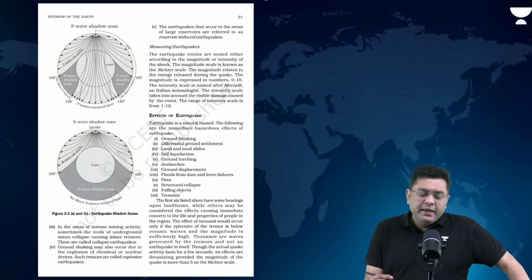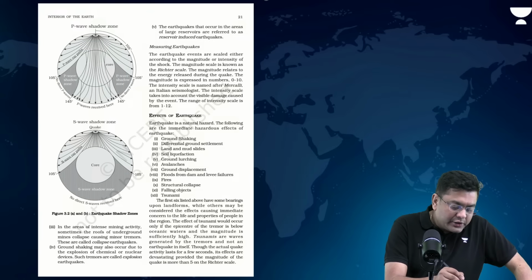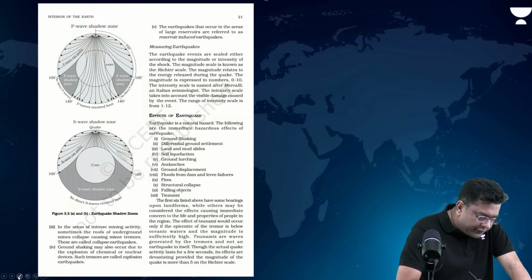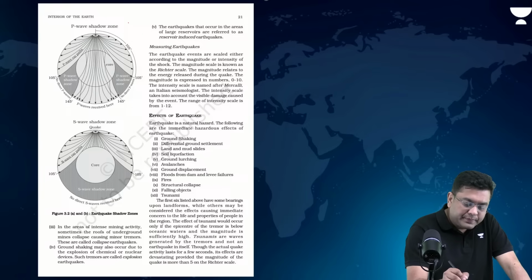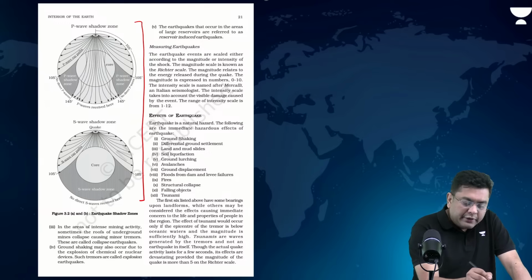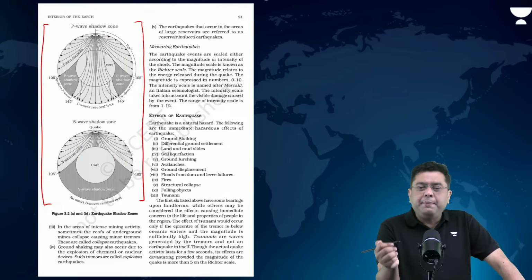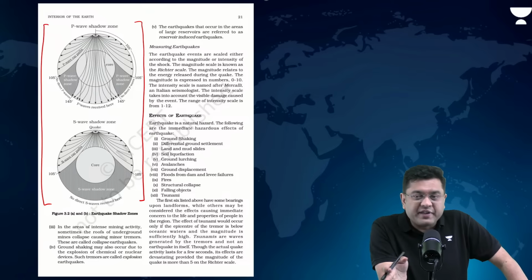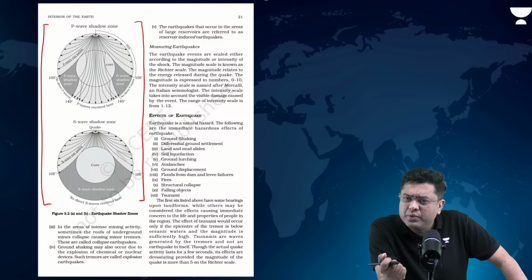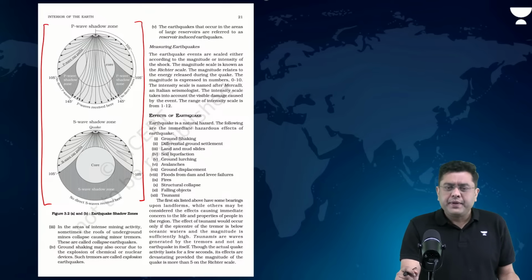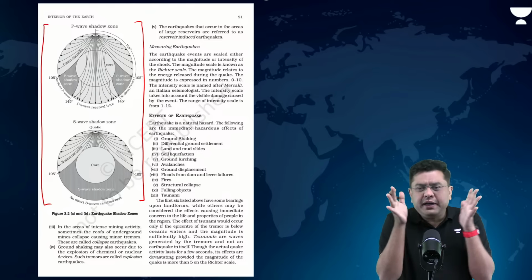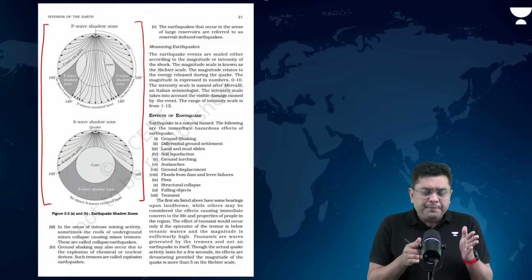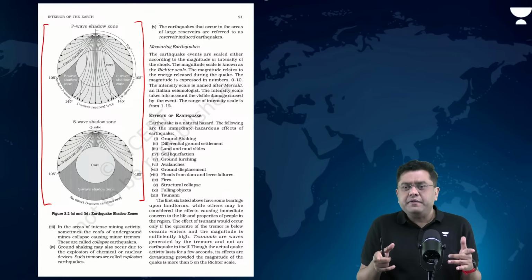Okay. Now we come to the final topic, and that is the case of the shadow zone. So, as I told you, the seismic waves help us understand how the P waves have traveled. That helps us understand the interior of planet Earth. How? For example, let's suppose I know the property of the P wave, the speed of the P wave.